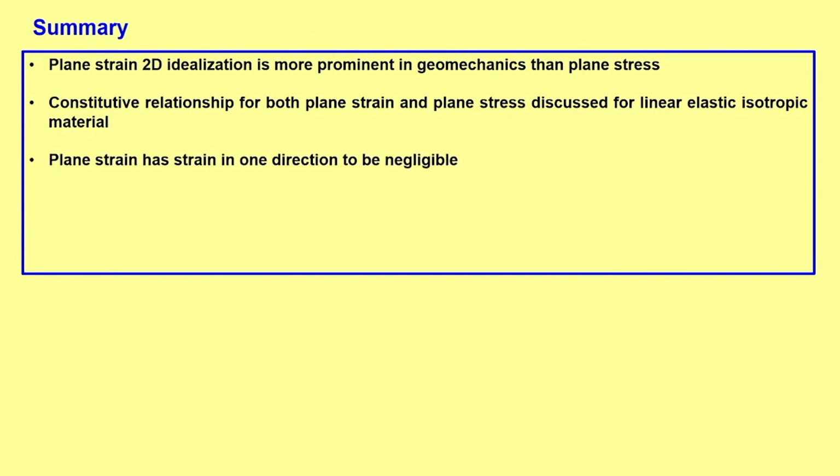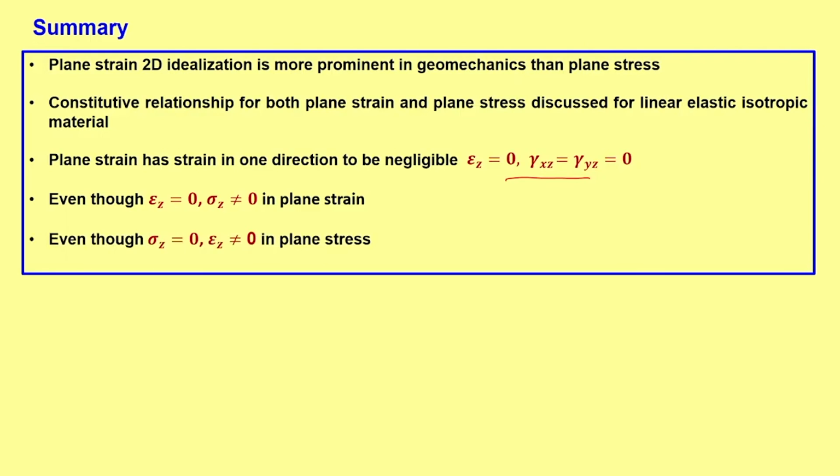Plane strain has strain in one direction negligible, that is epsilon z, gamma xz, gamma yz equal to 0, and even though epsilon z is equal to 0, sigma z is not equal to 0 in the plane strain condition. Similarly, even though sigma z is equal to 0, epsilon z is not equal to 0 in the plane stress condition. So, this is all about the mathematical formulation of plane strain and plane stress.